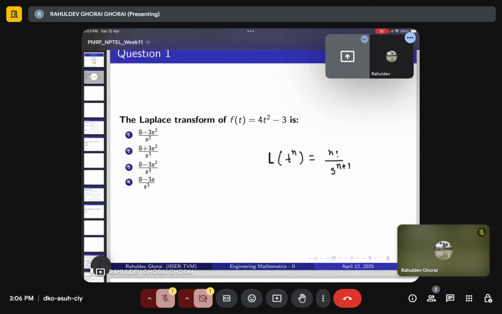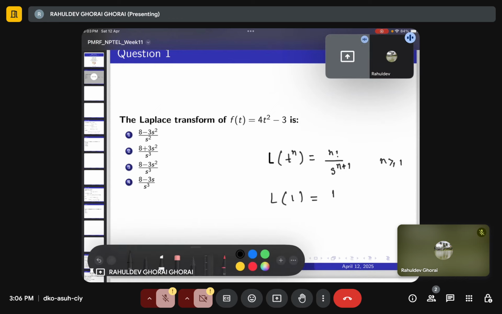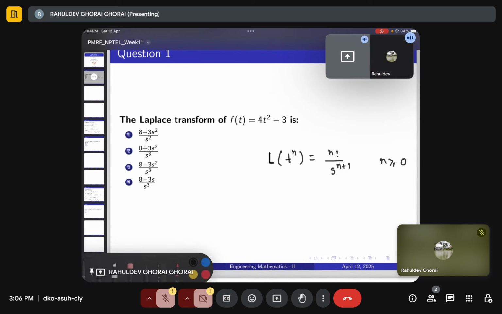You just cannot put n equal to 0 here, but when n equal to 0, t to the power 0 is 1, and the transform is 1 over s, so it will hold for n greater than or equal to 0.